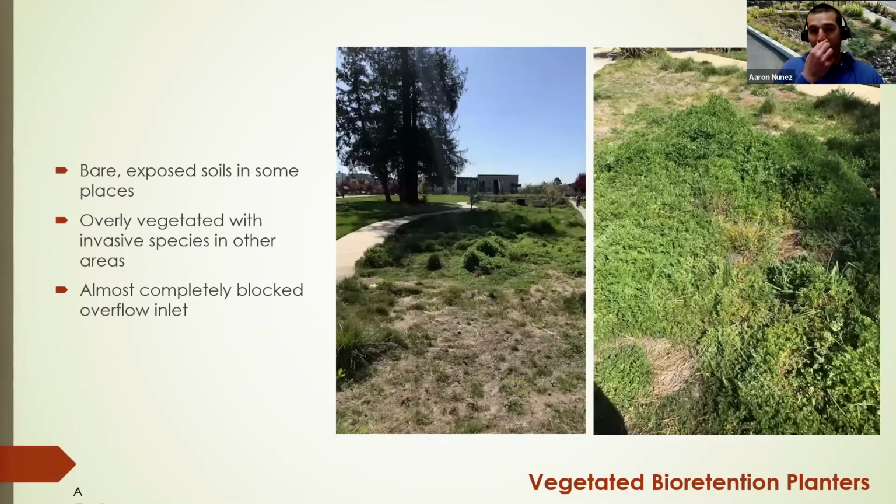Yeah, and kind of going off that, here's this feature here. And it's green, but is it what we want? Is that the vegetation we're looking for? We also see bare exposed soil in some places. The arrow is pointing at the high flow bypass, which you can't see. It's completely choked out by these invasives. And really, this is what you get from a result of lack of routine maintenance.